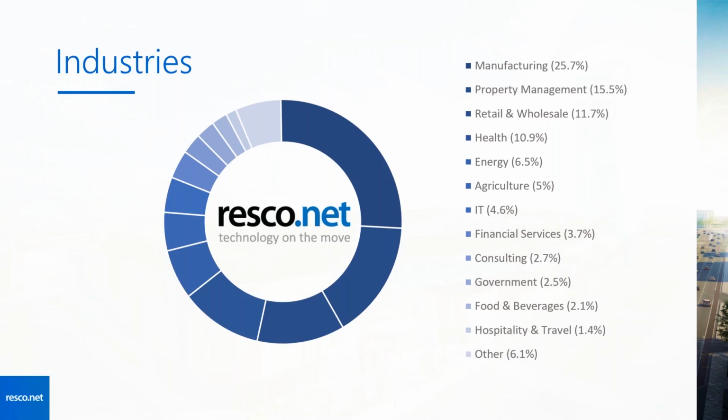And if we talk about customers, as you can see, our solution is easy to customize and easy to tailor to any industry. That's why we can satisfy customers from various industries. Today, we are going to look at property management activities that are one of our major verticals.